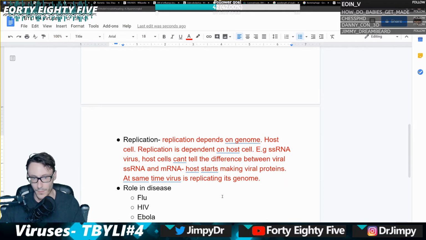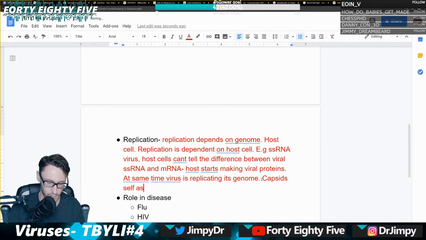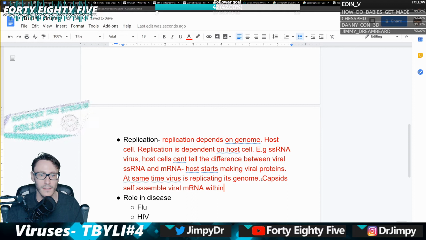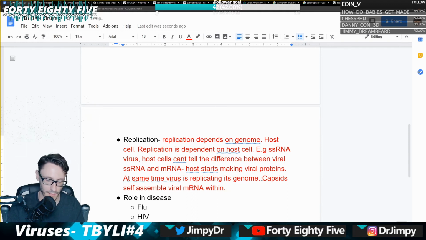So these viral proteins, the capsid proteins, can self-assemble, and contained within them is likely to be the viral RNA, which is effectively a new virus. And then you get so much of what's called virion.